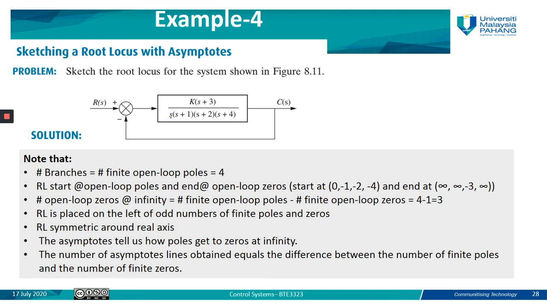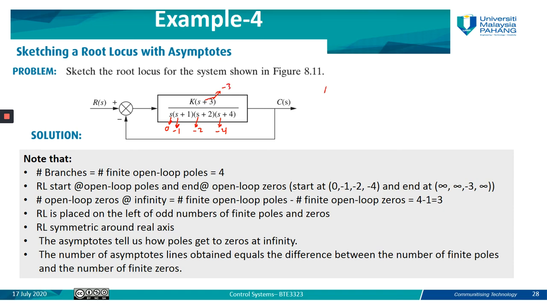So we have here 4 poles, one at s equal to 0, one at s equal to -1, one at s equal to -2, one at s equal to -4, and we have one zero at s equal to -3.